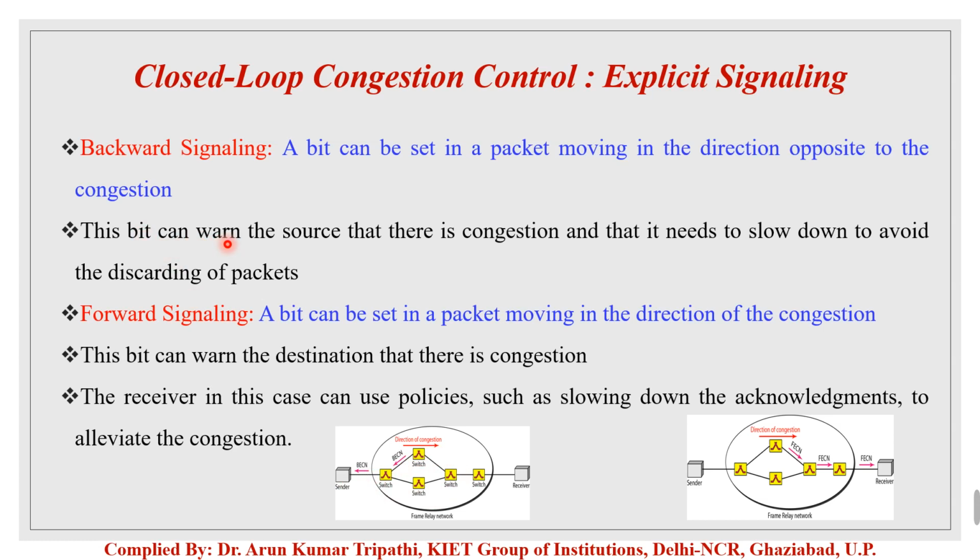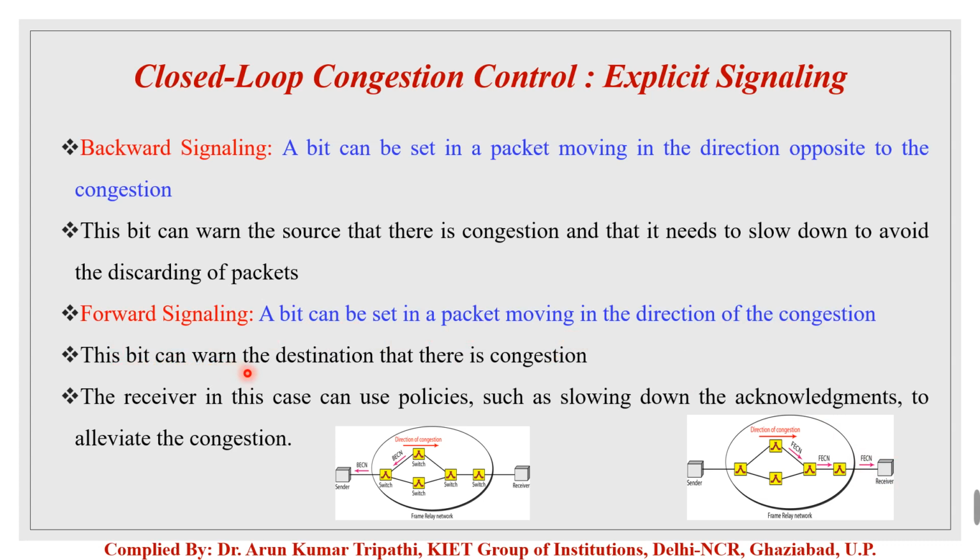This bit can warn the source that there is congestion and that it needs to slow down to avoid discarding of packets. Similarly, in forward signaling, a bit is set in the packet moving in the direction of the congestion to inform the receiver.